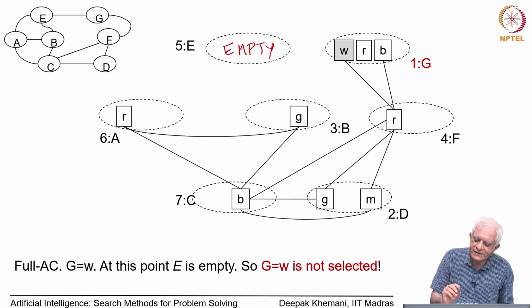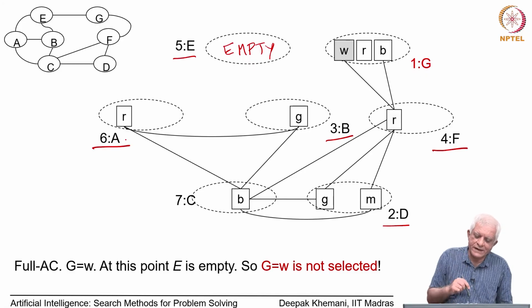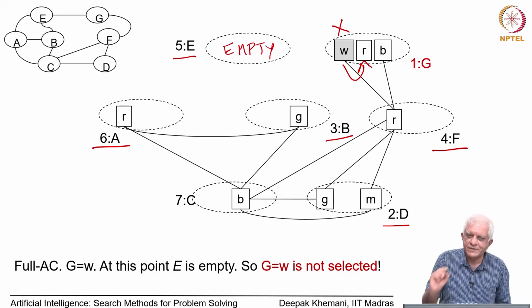So, full AC will not even venture into assigning values for the second variable, third variable, fourth variable, fifth variable, and sometimes 6 variable with forward checking ended up doing. Simply by a process of reasoning, it has decided that this will not work. So, it goes and picks the next value.